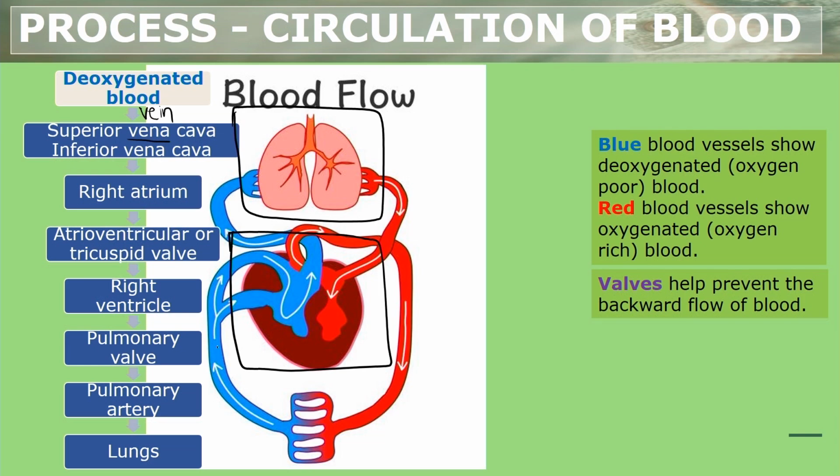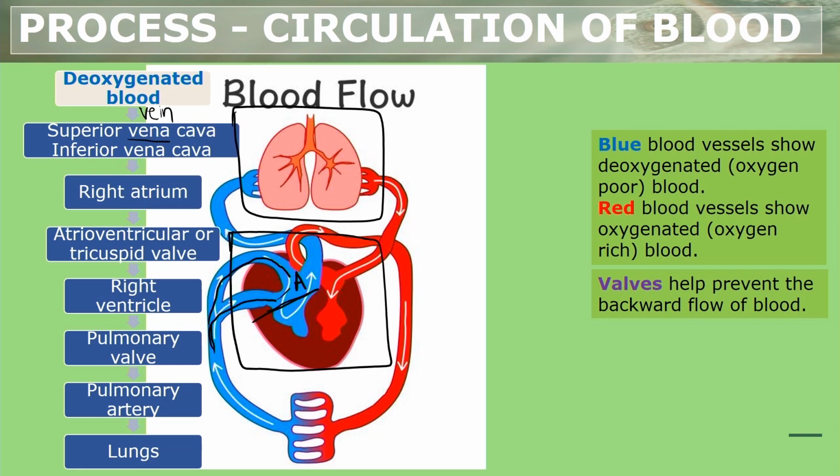So deoxygenated blood from the bottom part of the body moves into the heart, but it moves into a specific part, being the first chamber called the atrium.